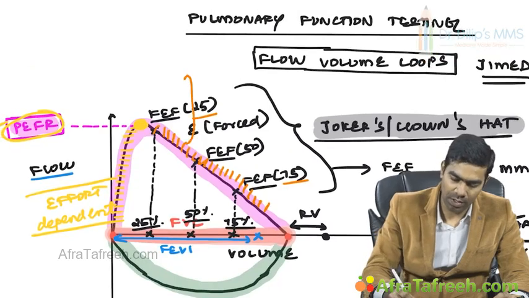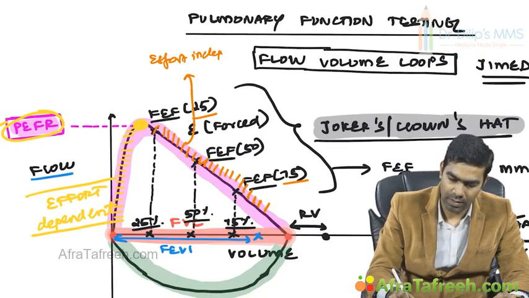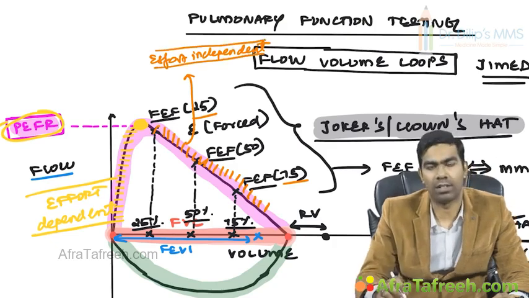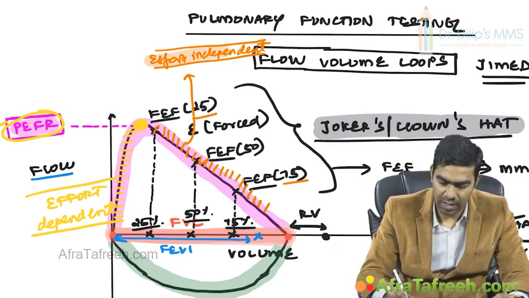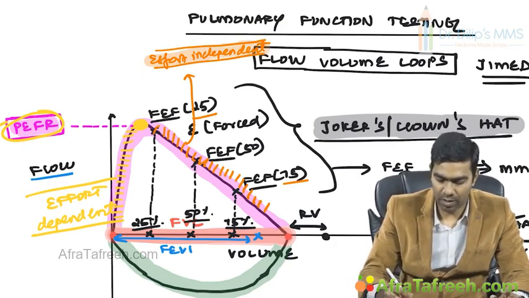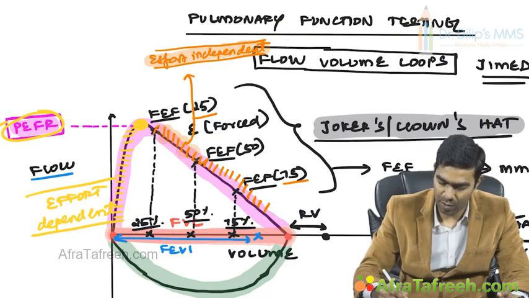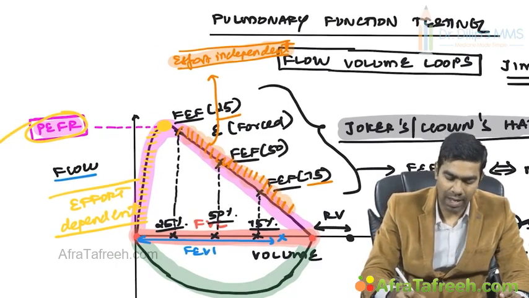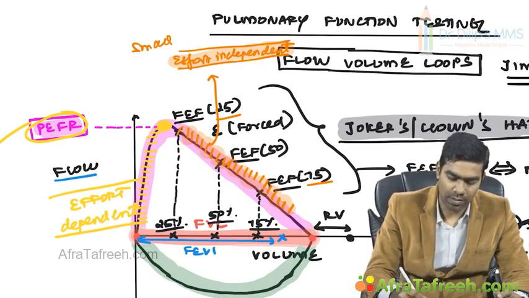This is typically referred to as an effort independent region, which means in this particular region, from FEF 25 to 75, what typically happens is the air moves through the smaller airways.